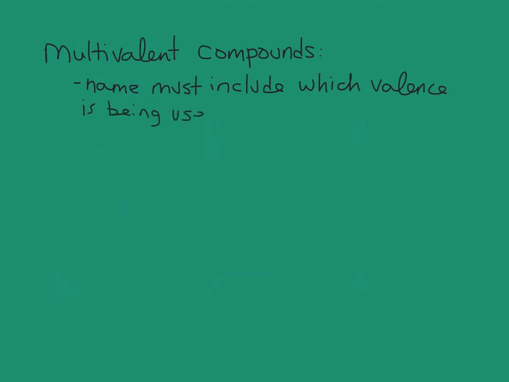And in fact, this actually makes it a little bit easier because the name already tells you. An example here would be iron(II) oxide versus iron(III) oxide. See, in the name, we've used Roman numerals to indicate which valence is being used.